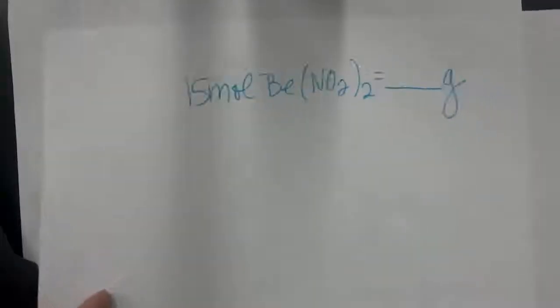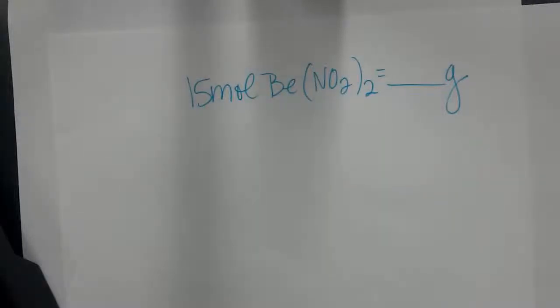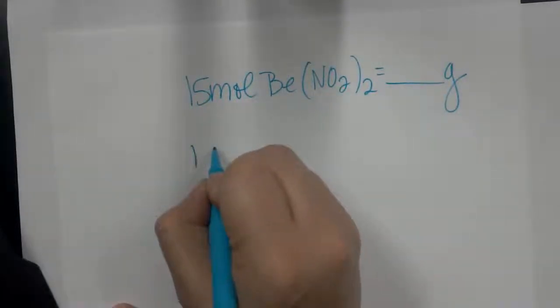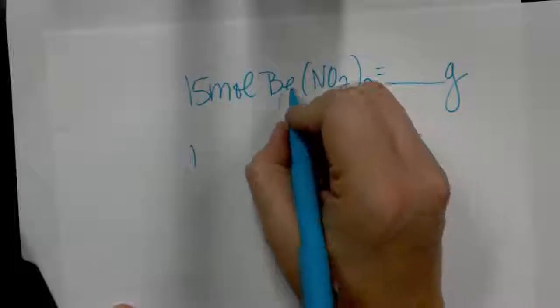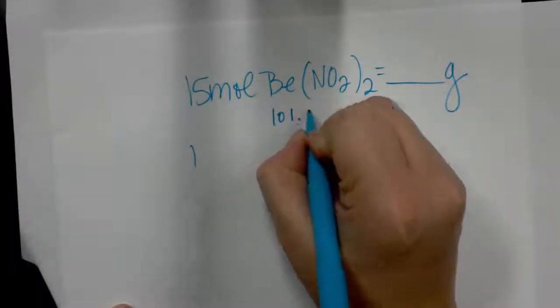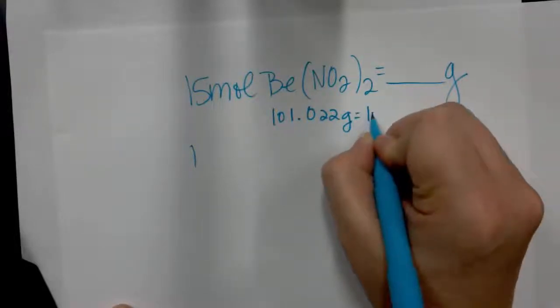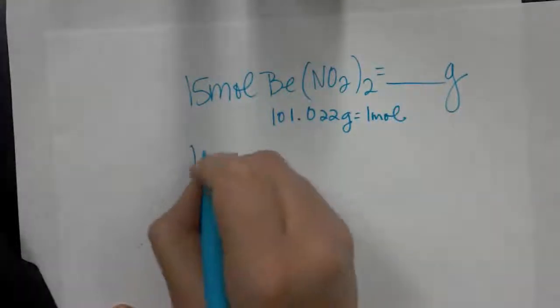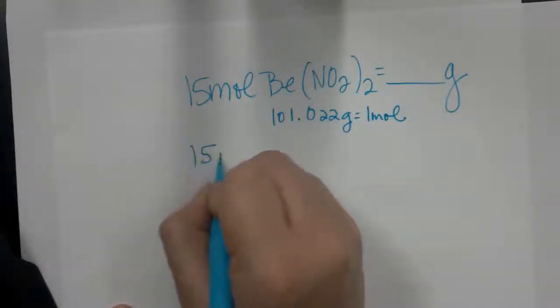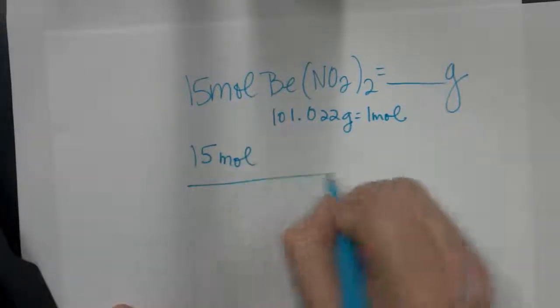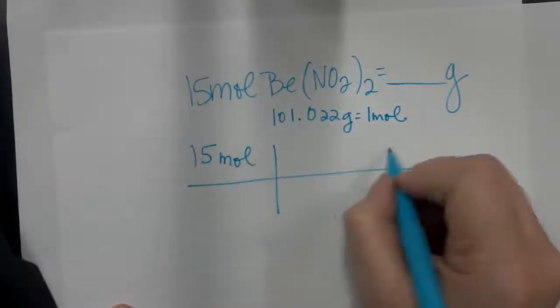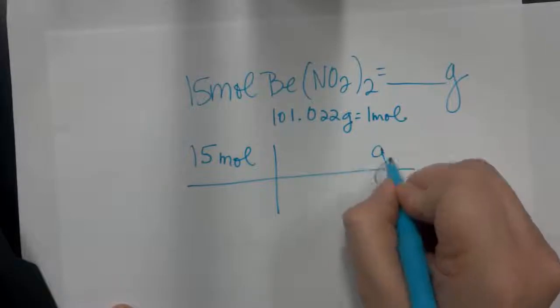The very last one was the 15 moles of beryllium nitrate. The molar mass for this is 101.022. And once again, go ahead and put those units. Especially if you're still struggling with this, it's a good indication that you cannot over label.